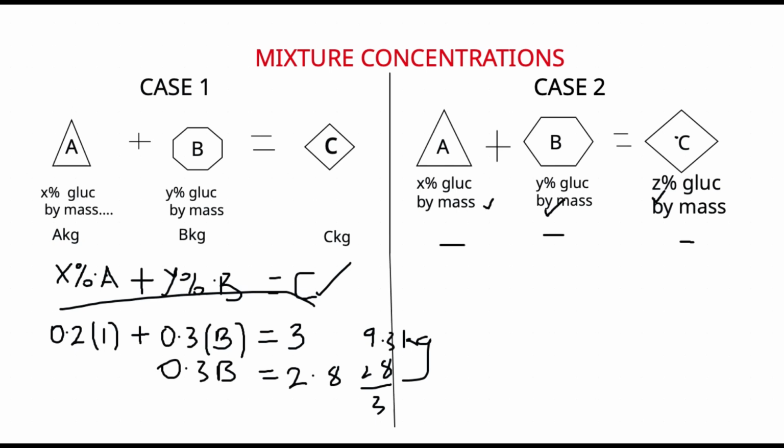In this case, you have X% times your A, plus your Y% times your B, and this will equal your Z%, that's the last one, times your C. Now you're not done. Remember, in this case, you are given the masses of each of the solutions.